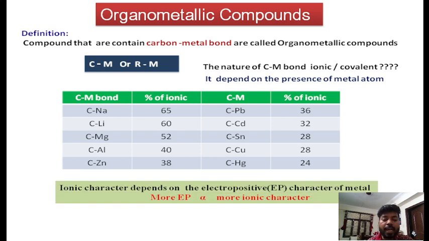This ionic character depends on the electropositive character of the metal. What is electropositive? Electropositivity of an element is its tendency to lose electrons, so that it easily becomes positive. The more electropositive elements have more ionic character.